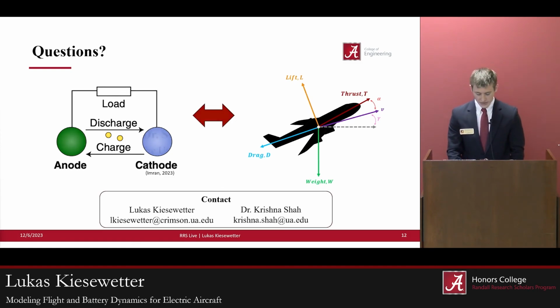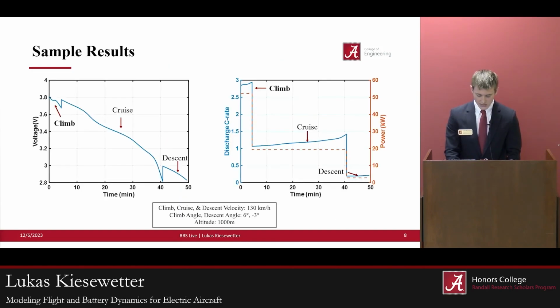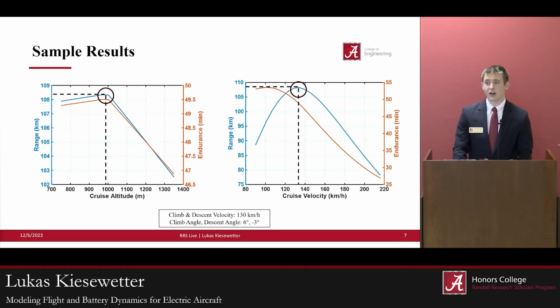What was interesting, if I go back to the velocity and altitude graphs, is that they found higher endurance and range, but it happened at the same cruise altitude and same cruise velocity that we did. The reason we think their endurance and range was higher was because they discharged the battery all the way, and it was linear. But the fact that we obtained the maximum range at the same values indicates that our model is mapping up well against the existing data.